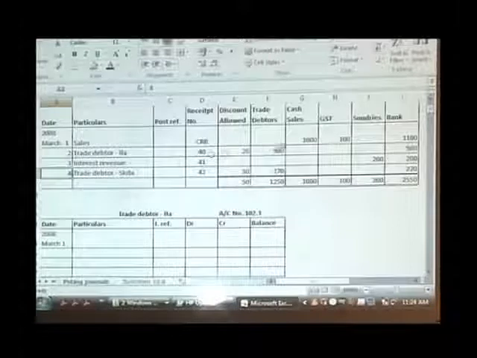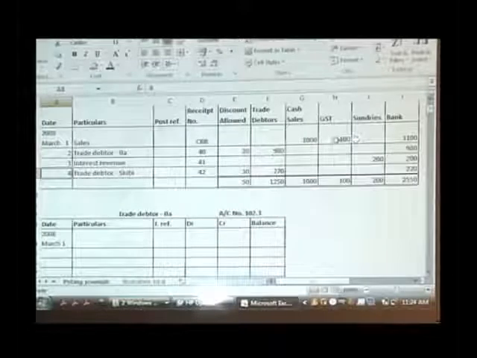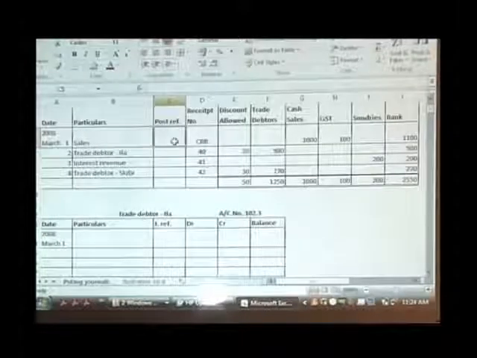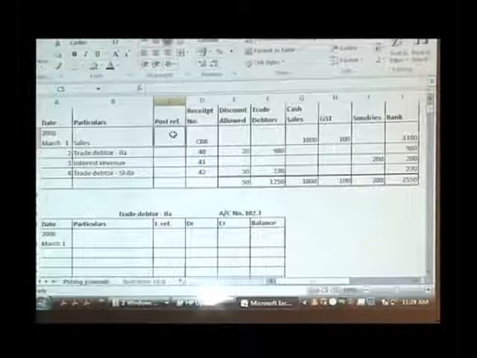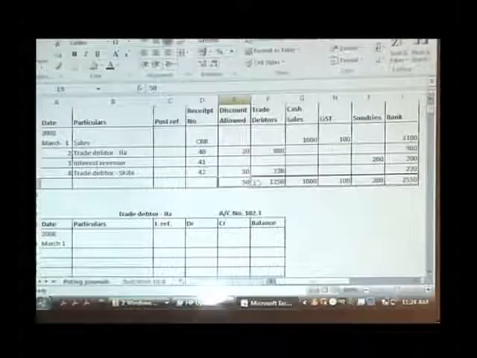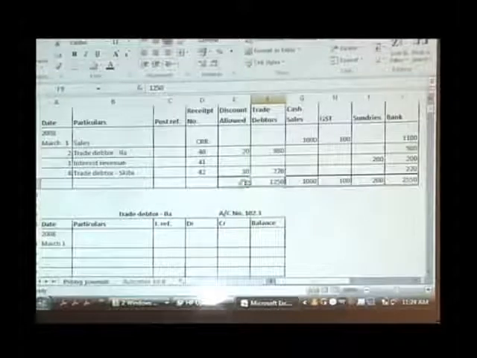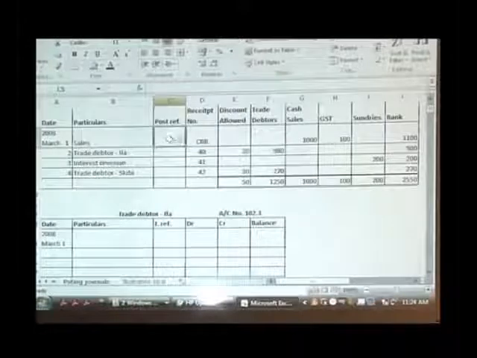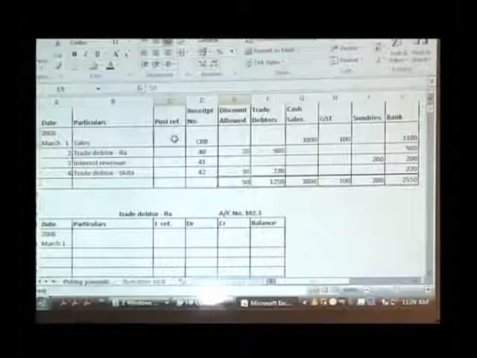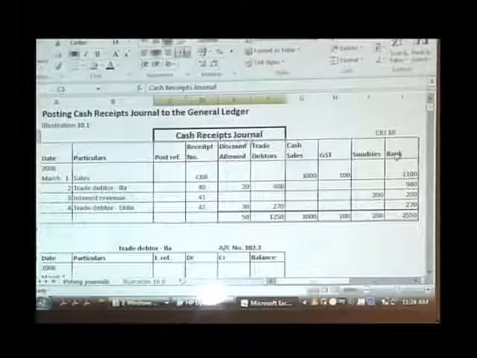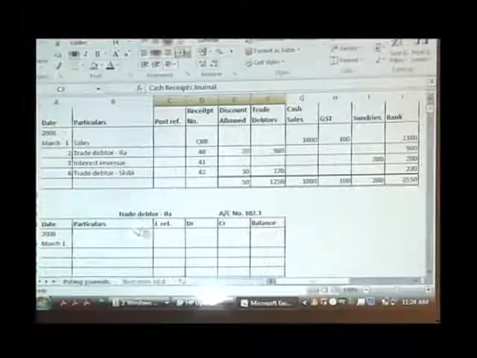Firstly, the posting principles. Some of the items, as you know, are posted individually, and some of the items are posted as totals. So observe these principles when I am posting this cash receipts journal to the ledger accounts.